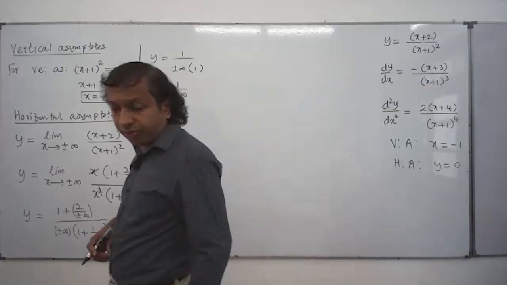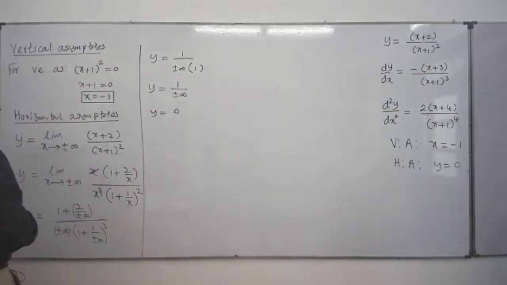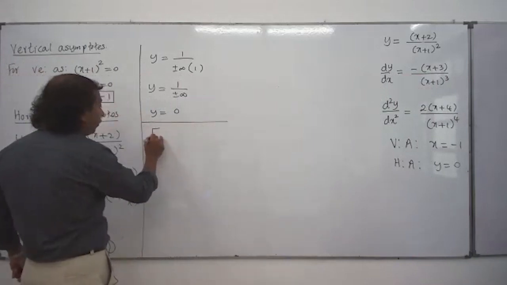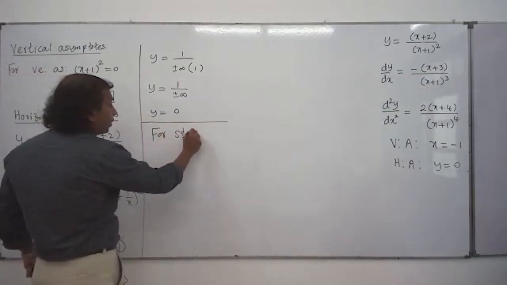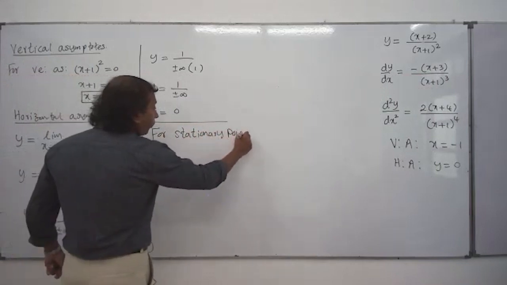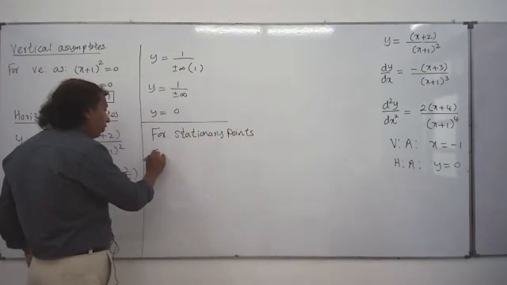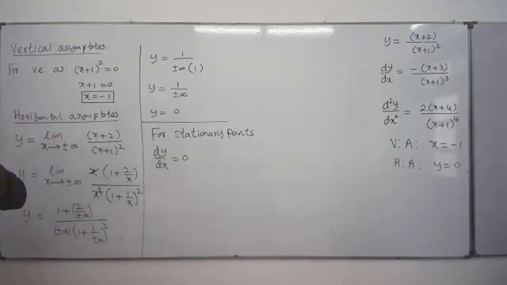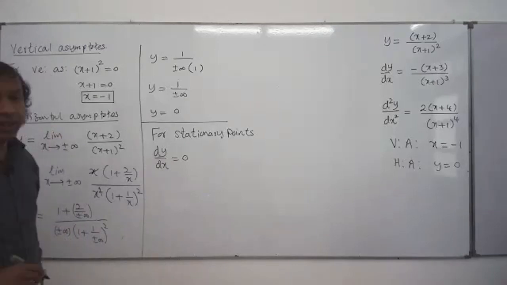Now, next one, we have to find stationary points. For stationary points, dy by dx should be equal to 0.